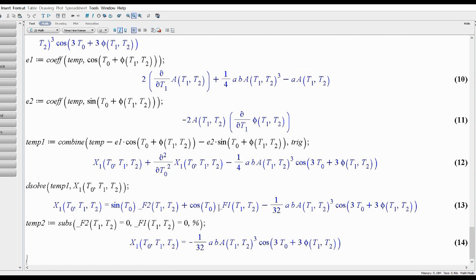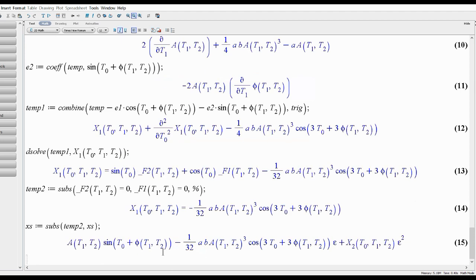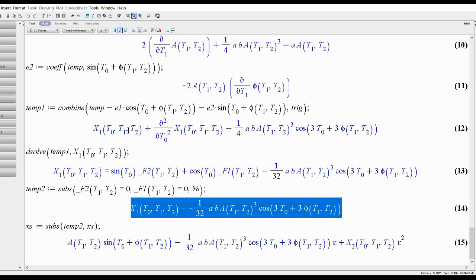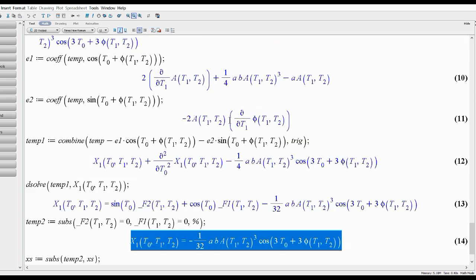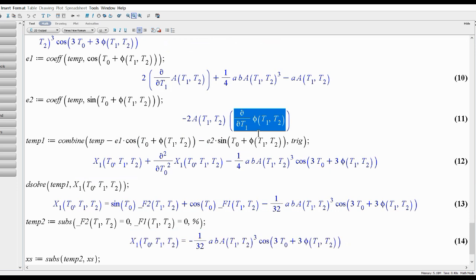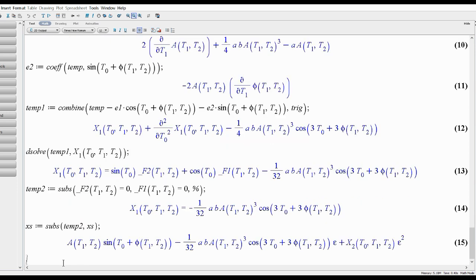I say xs is equal to substitute temp2 in xs, and I've got x1, and I have some expression for del phi and so on. We'll substitute those too.